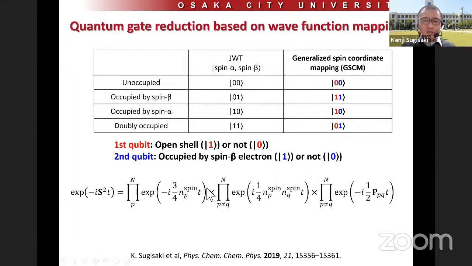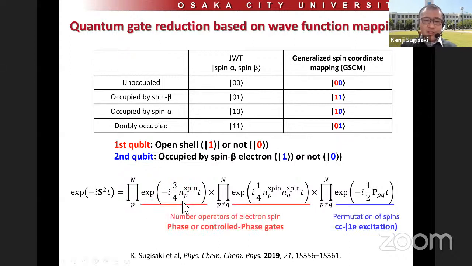So in this kind of time evolution operator, this N_p corresponds to the number operator of electron spin. This kind of operator can be realized by using a single phase gate. And in this term, this is a product of the number operators of electron spins. Again, this term can be realized by using a control phase gate.